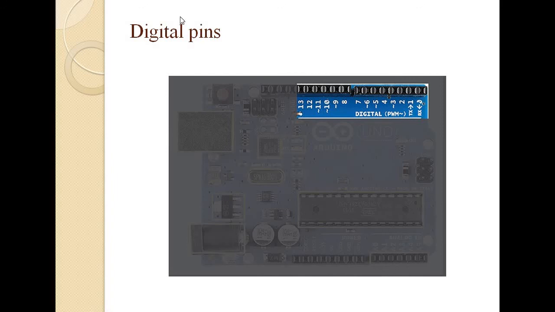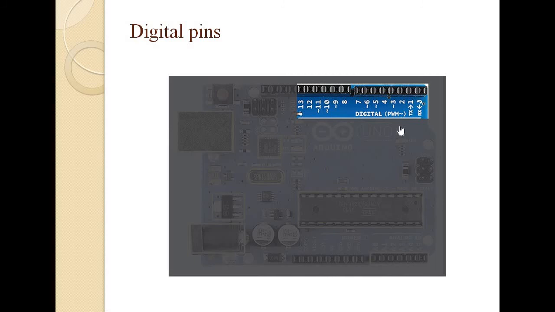Okay, next, these are the digital pins. There are 14 digital pins. We can say that they are numbered from 0 to 13. These pins can be used as either input or output pins. When used as output, the pin acts as a power supply source for the component connected to it.